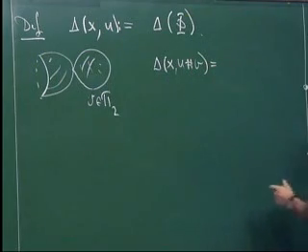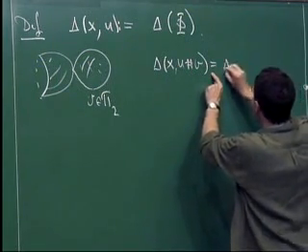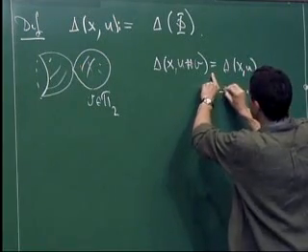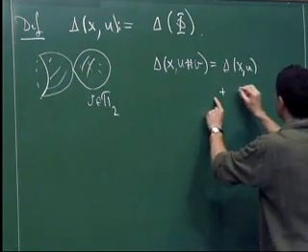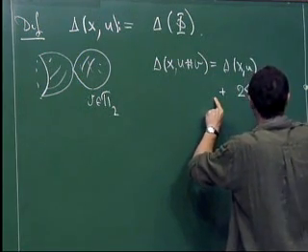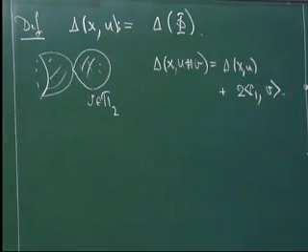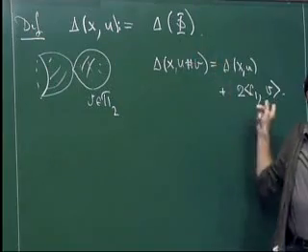Namely, it will change up to twice the integral of the first Chern class over the sphere. So I need to take the first Chern class, which has already appeared here, and integrate it over the sphere.